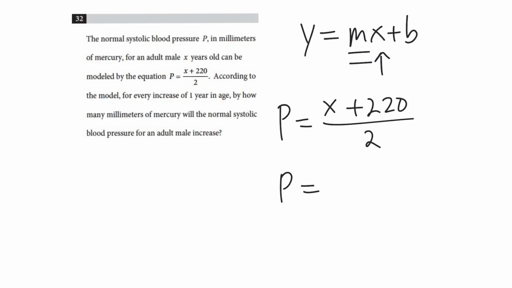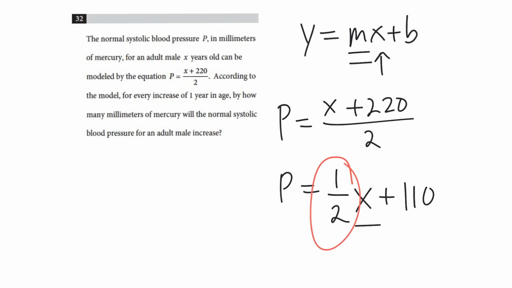But instead of doing x over 2, I'm going to write that as a coefficient. So 1/2 x plus 110. Okay, and we can see that every increase in 1 year will correlate to an increase of 1/2 a millimeter of mercury.